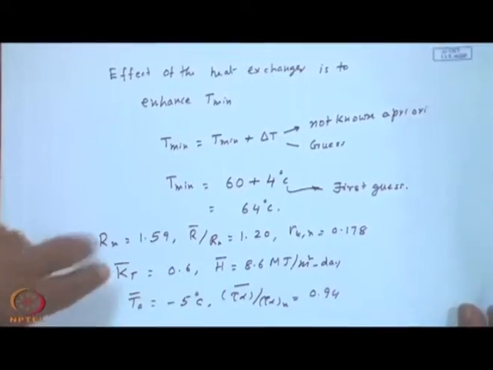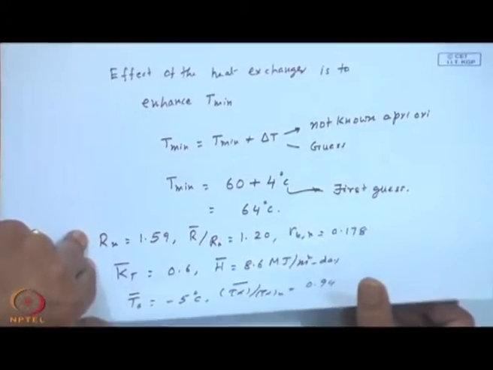The first step will be to calculate the non-dimensional critical level corresponding to T minimum, 60 plus 4, 64.